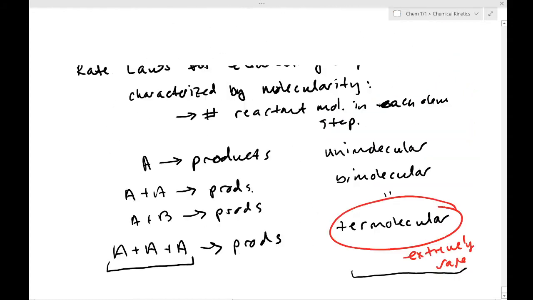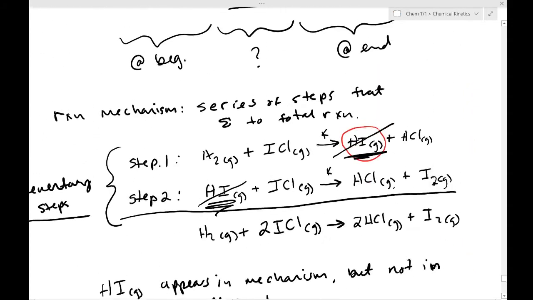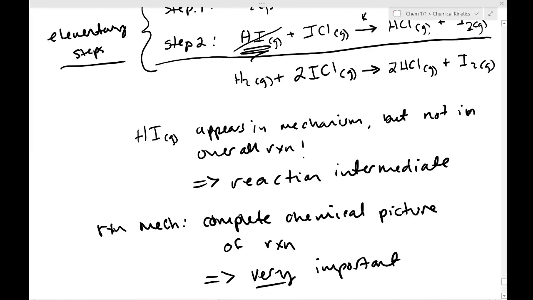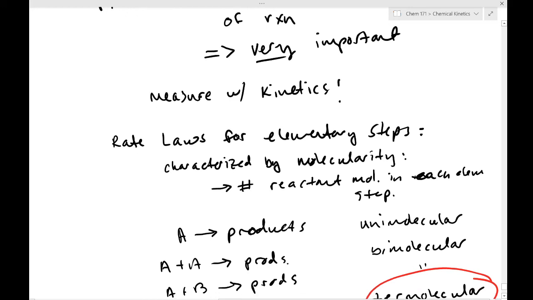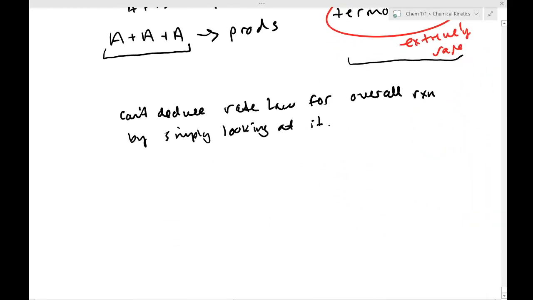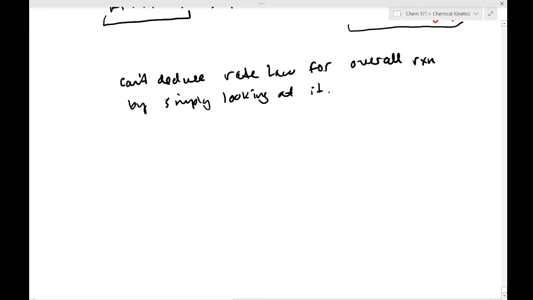We can't look at the overall reaction and say, oh yes, this is going to be second order for sure. That's not allowed. There's no way for us to know what the order of that reaction is. However, for elementary steps, this is possible.